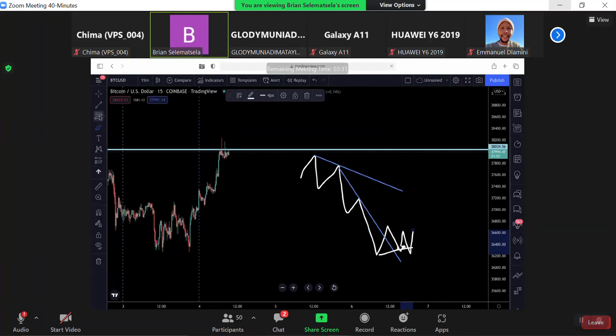So what you do, you wait for it to cross that line. After it crosses that line, knowing that you'd be effective with that extended line, you name it as a footprint.